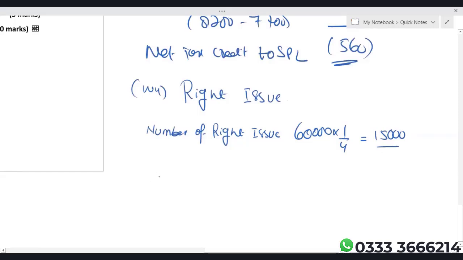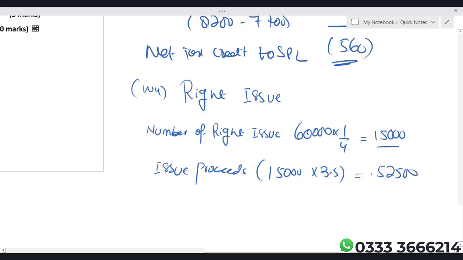So let me first calculate how much cash they have raised by issuing 15,000 rights. The price of the right is 3.5. So issue proceeds: 15,000 into 3.5. So actually the company has raised 52,500 by right issue.